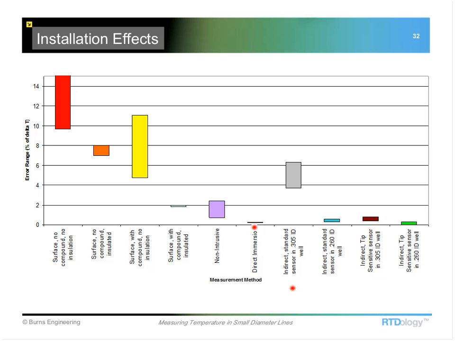And we can look at some of these others, like if we had that elbow-style thermowell, for example, with a 1/4-inch diameter probe, very small errors associated with the installation. And we can even get rid of that with a tip-sensitive sensor in that elbow-style thermowell. And this is, again, down in that area where it's even difficult to measure if there is any stem conduction due to the installation.